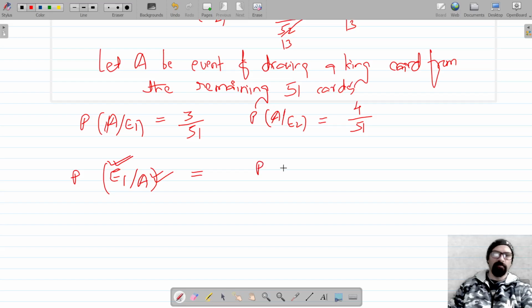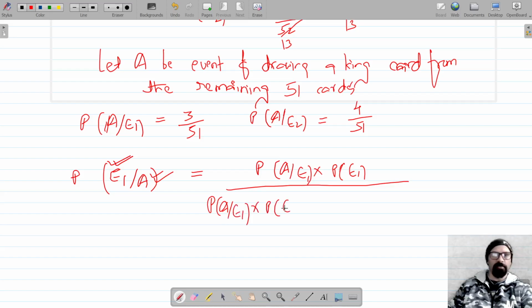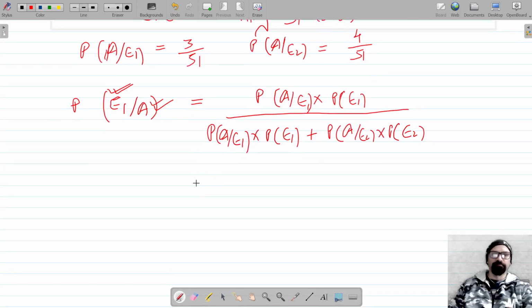Using the Bayes theorem, this is the probability of E1 given A, which is probability of A by E1 into probability of E1, divided by, once again, we have a total of 2 events, probability of A by E1 into probability of E1 plus probability of A by E2 into probability of E2. Let's put in the respective values.